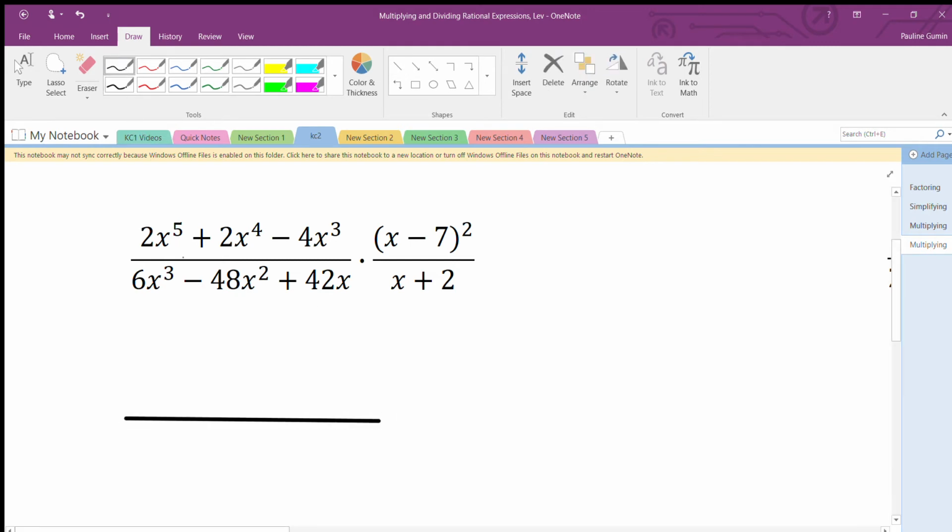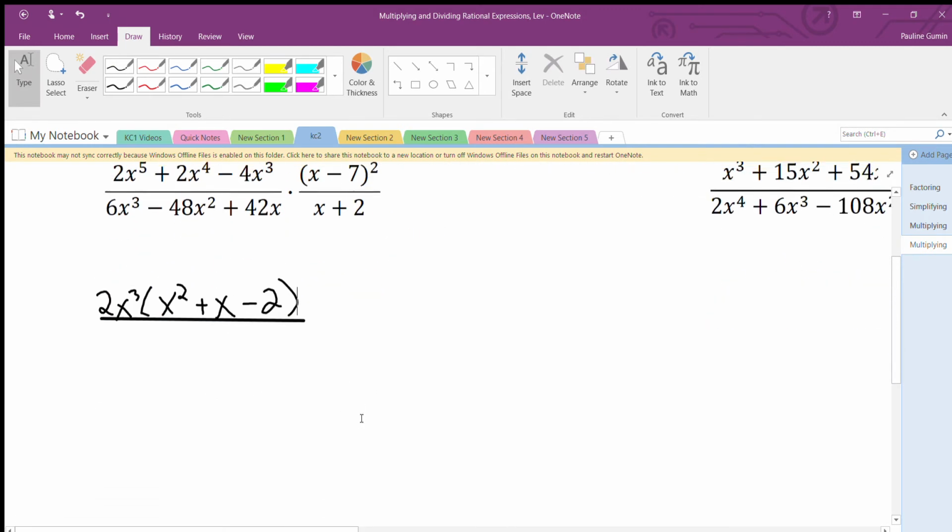let's factor the top. On the top, what I notice is that we have a greatest common factor of 2 and x to the third. Every single number I see here is divisible by 2, and x to the third is the smallest exponent that I see. So I'm going to divide this out, and that's my answer.